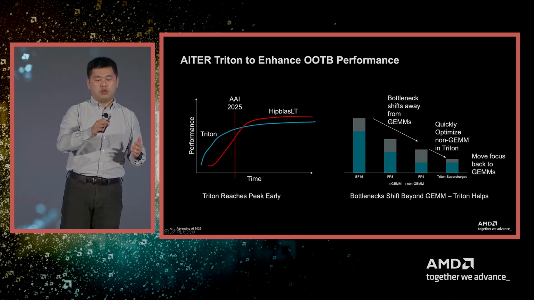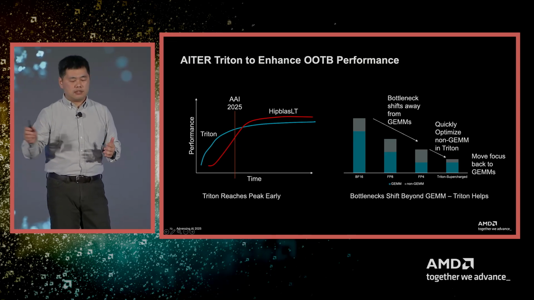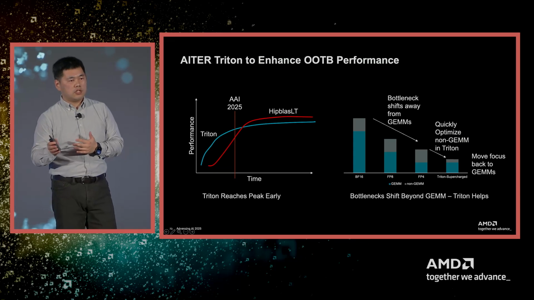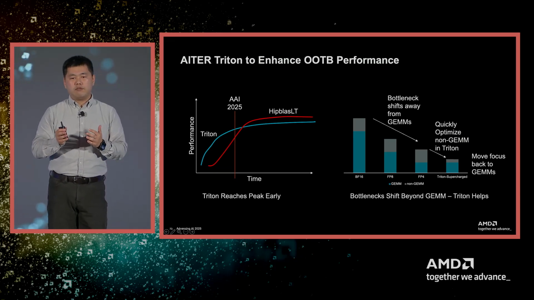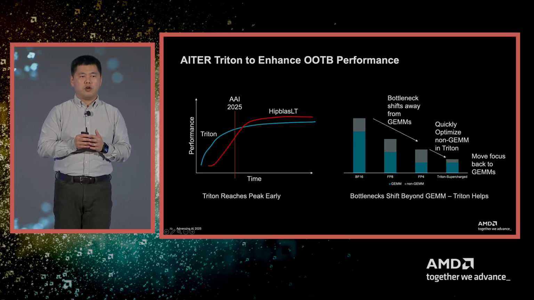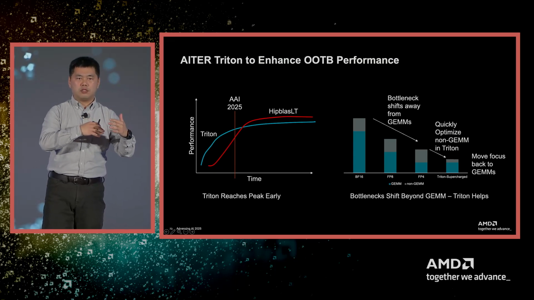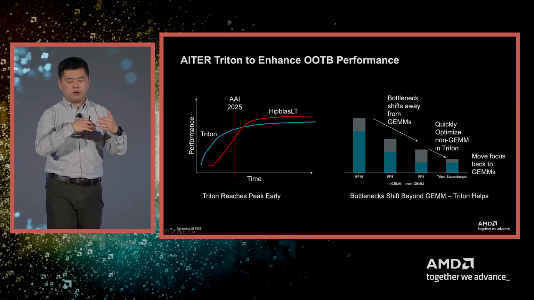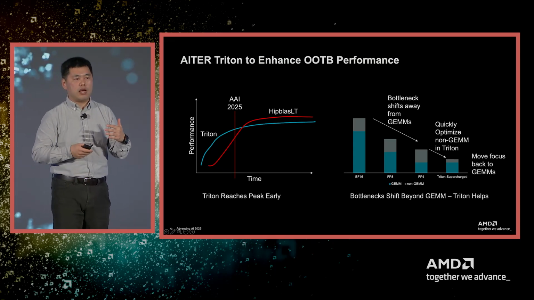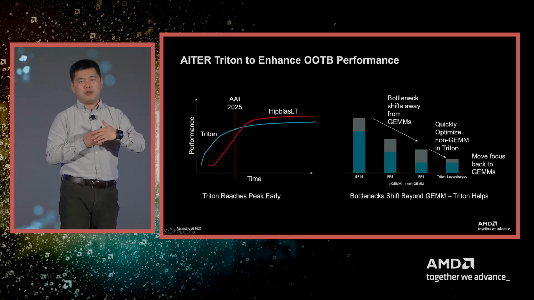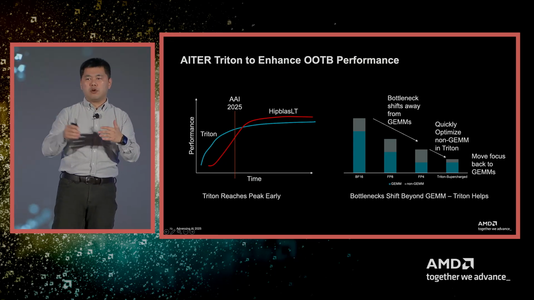But as you shift to the right-hand side, the non-GEMM operators actually get exposed. So only with Triton's fusion techniques will you be able to fuse those small kernels, like element-wise and softmax, into one big kernel, or fuse them into the GEMM kernels.